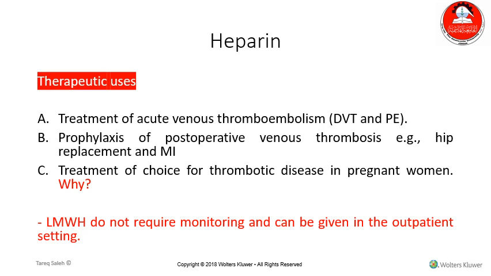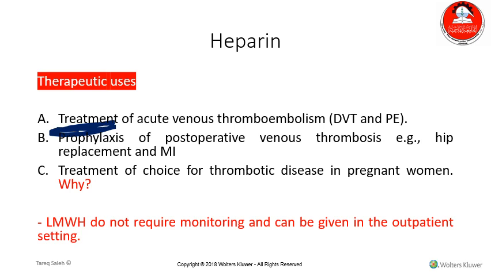This allows us to use heparin for the treatment of many thromboembolic conditions. The major use of heparin is for the treatment. Note here that it's for the treatment, not the prophylaxis.